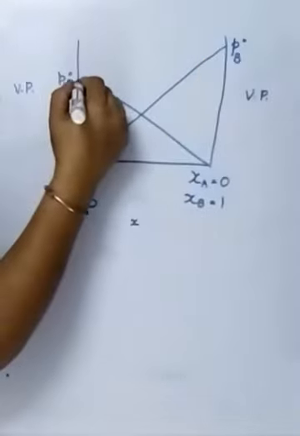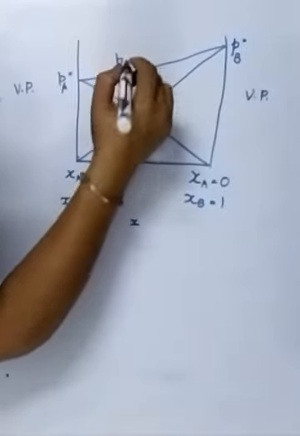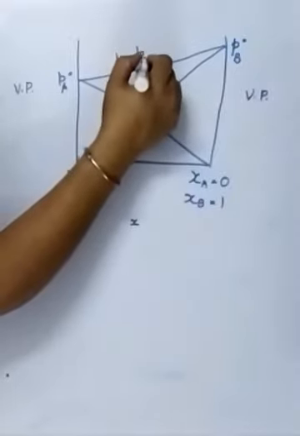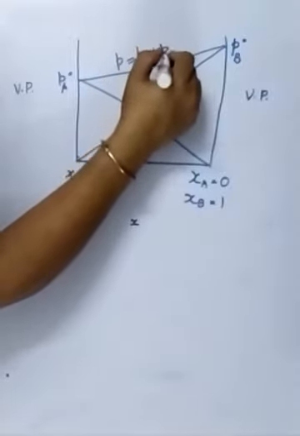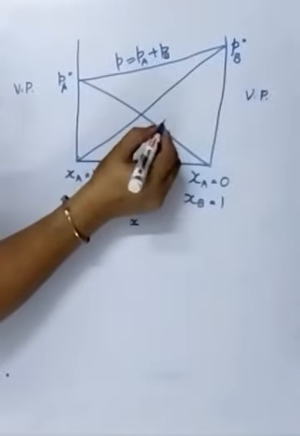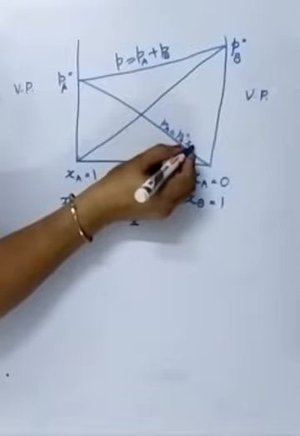And when we join the two maxima, this curve is for P, Pa plus Pb. Now this curve is for Pa equals Pa naught Xa.